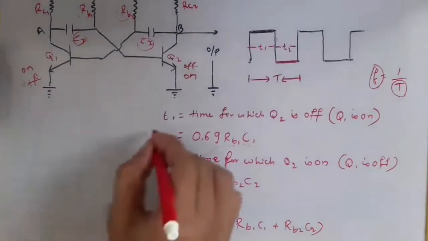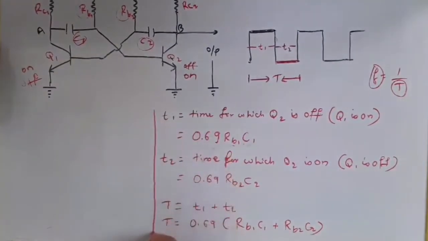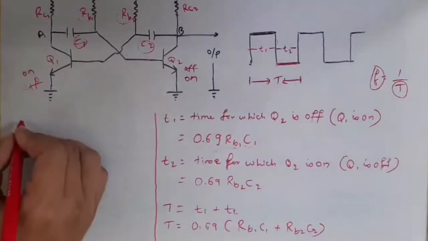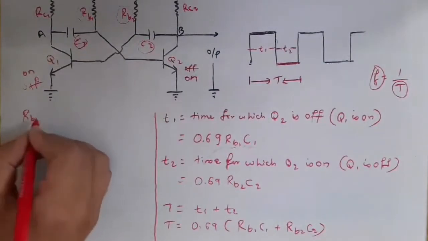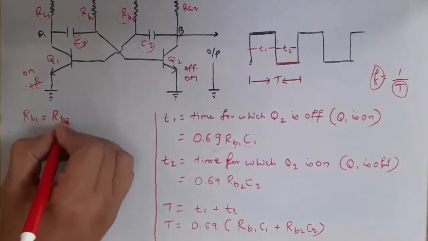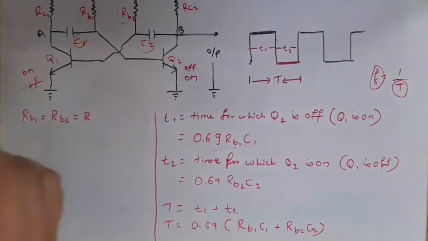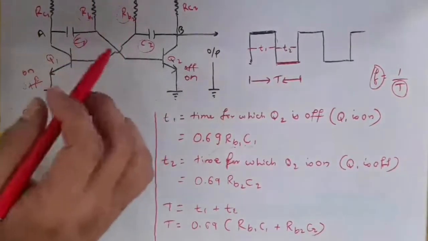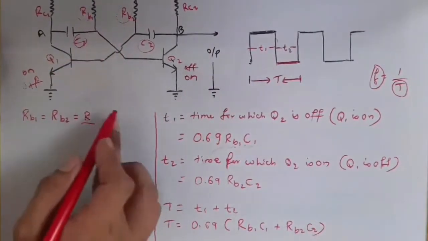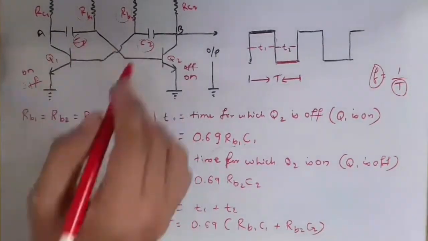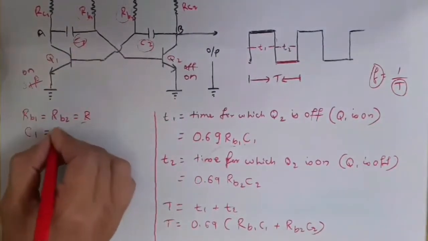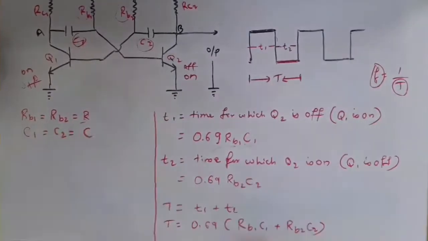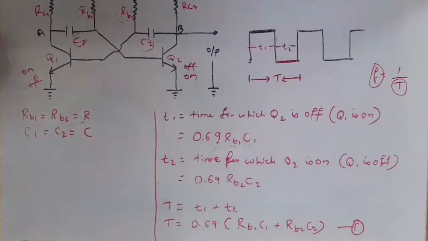So if you consider RB1 equals RB2 equals R, you take RB1 and RB2 of the same value R, and you take C1 and C2 whose values are equal, C1 equals C2 equals C. Then what will this equation become?